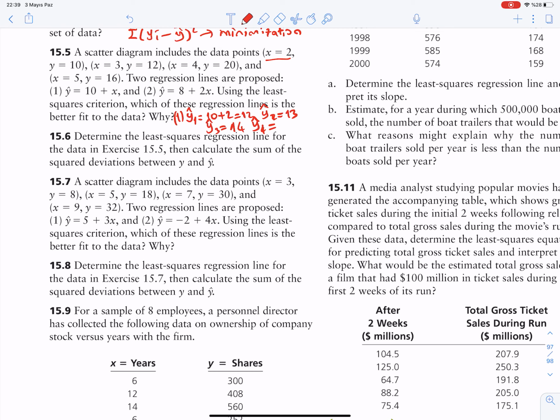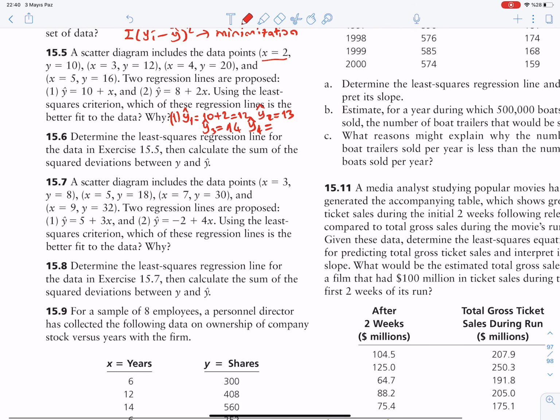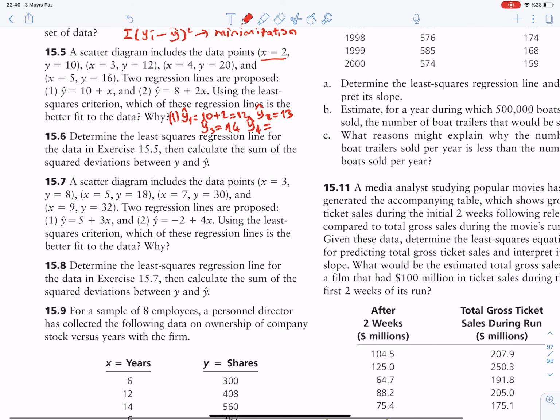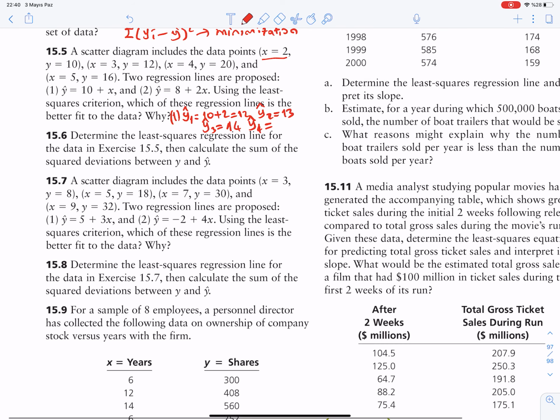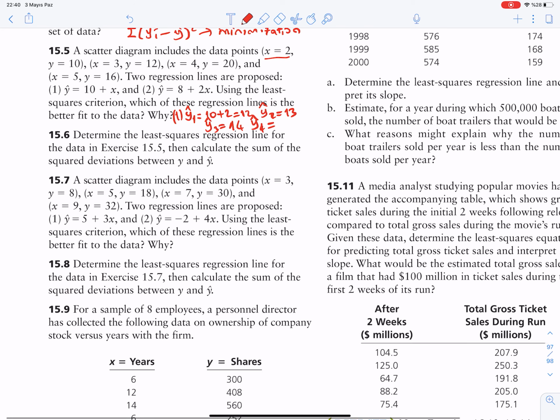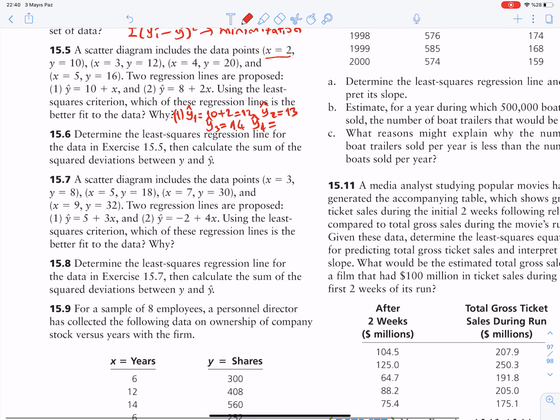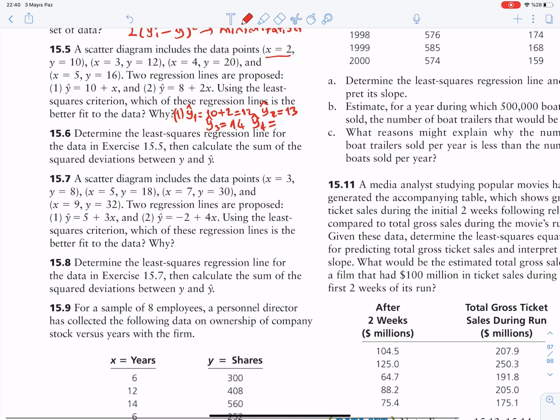Let me see, I probably made a mistake. 12, 13, 14, and 15. Yes, 15. That's fine.